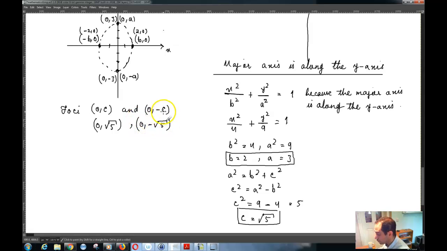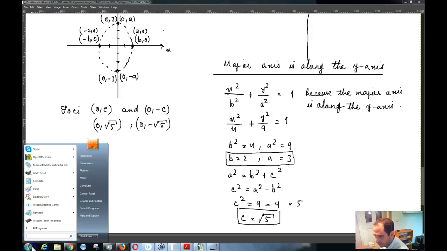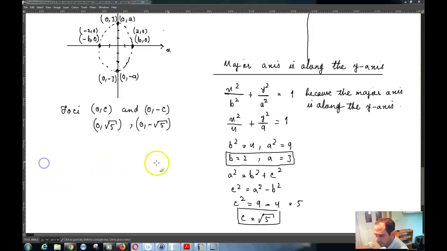Now square root of 5 is somewhere around 2.2, 2.236, and so on and so forth. So 2.2 would be somewhere over here.